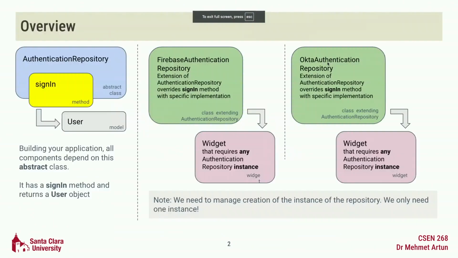Okay, so let's say, and by the way, we have this in the code. Today's code is going to start with this already coded in. We're going to look into the code, but here I have the excerpt so we can look in depth. I create an abstract class called authentication repository, which has a method sign in.